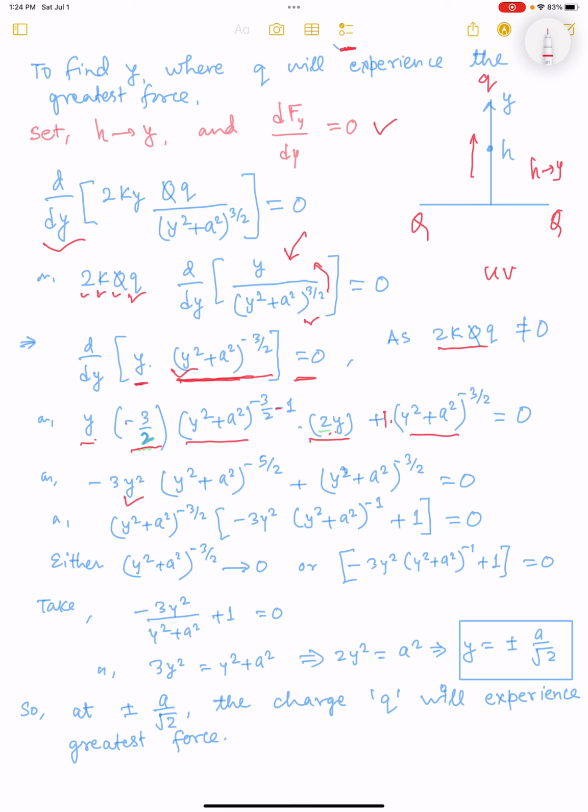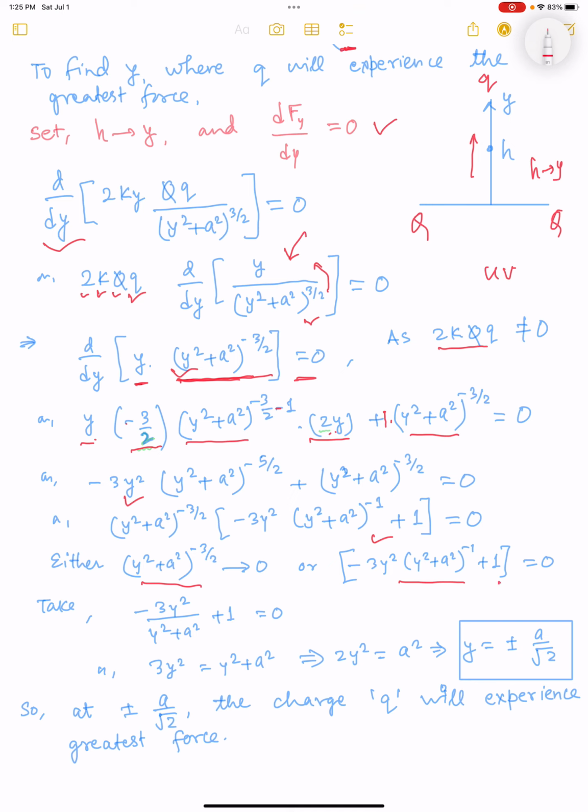You can take a common factor among these two expressions, (y squared plus a squared) to the power negative 3 over 2. So you will have minus 3y squared times (y squared plus a squared) to the power minus 1, plus 1, equal to 0. So in order to hold this expression, either this has to be 0 or this has to be 0.